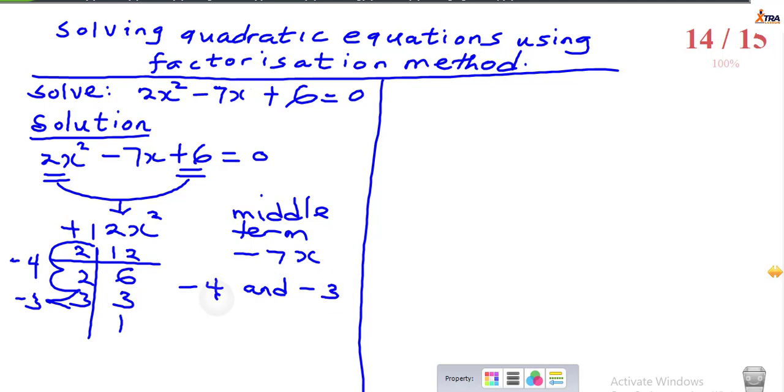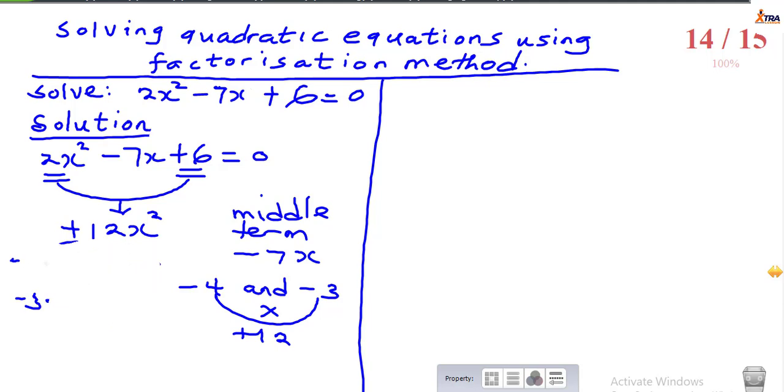Minus 4 times minus 3 gives plus 12 if we do the multiplication. And when we find the sum, minus 4 plus minus 3 is going to give minus 7.